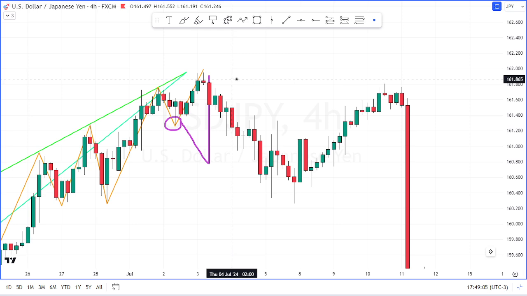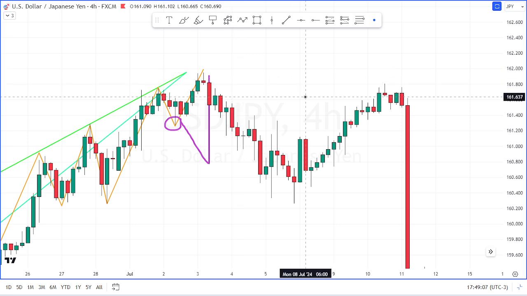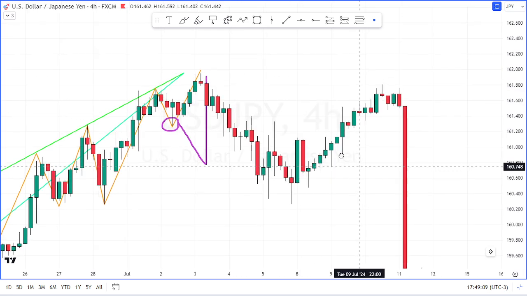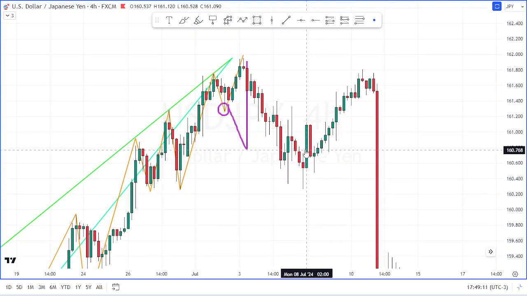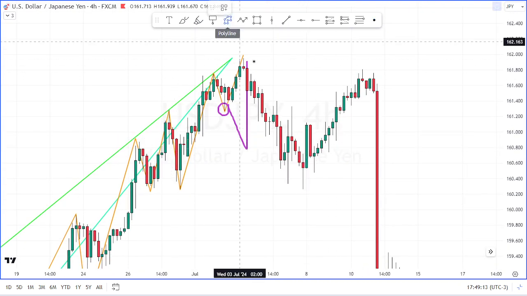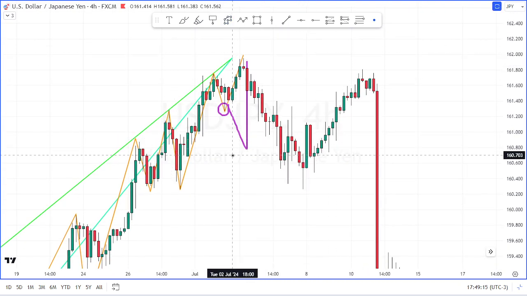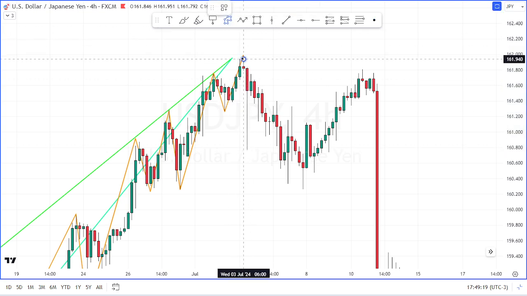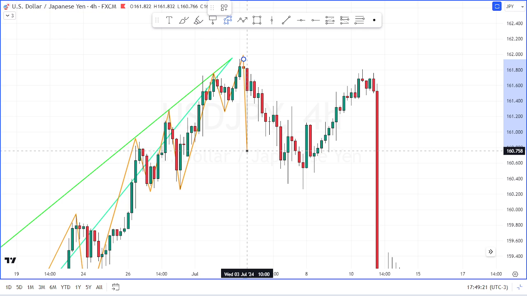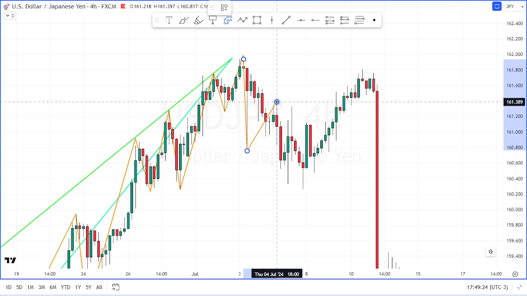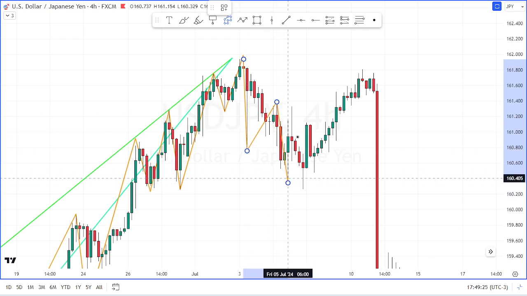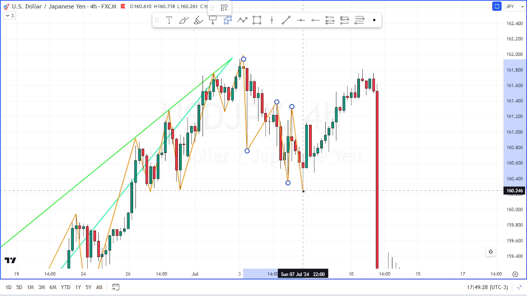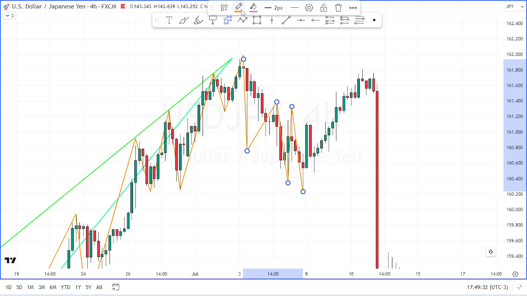And if you back in time knew about this, you would have made tons of money on the 1 hour chart, starting from the 1 hour chart, believe me. Because if you tell me right now that the market here did a lower low here, a lower high here, and it did a lower low here, it did a lower high here, and it did a lower low here, I totally agree with you.